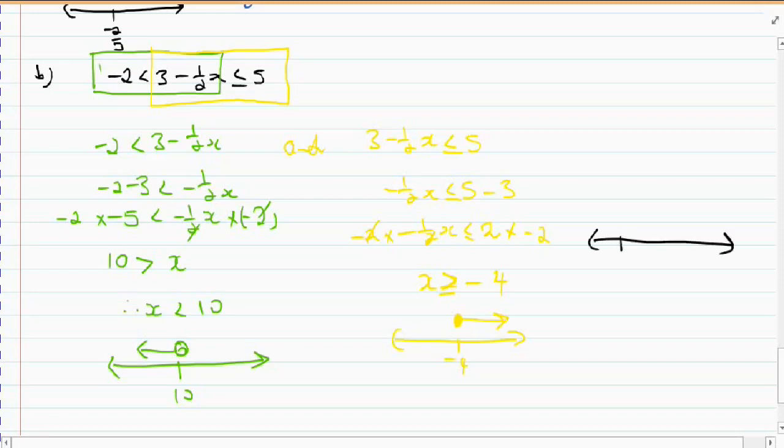The lowest number here is -4, the bigger one is 10. At -4 we have a shaded circle, and at 10 we have an open circle. So this says x is less than 10 but bigger than or equal to -4, so between these two values, including -4 next to 10. This brings us to the end of the compound inequalities lesson.